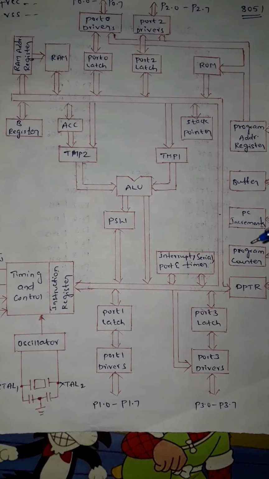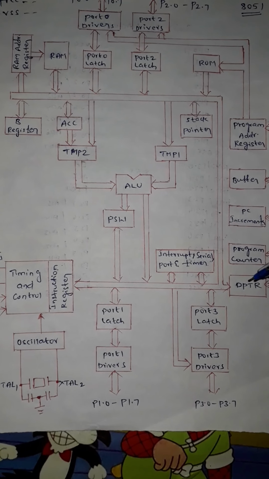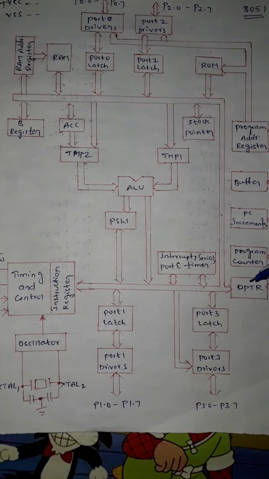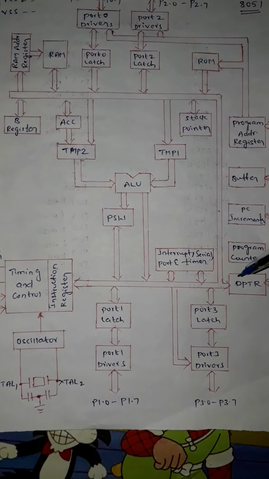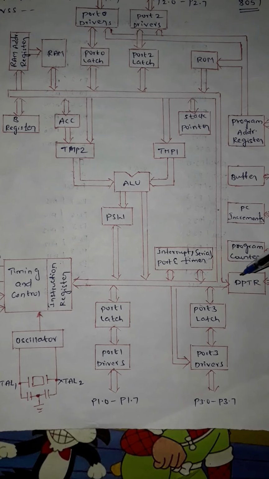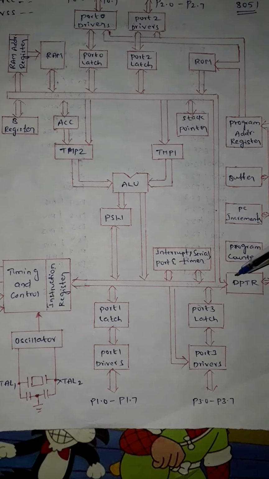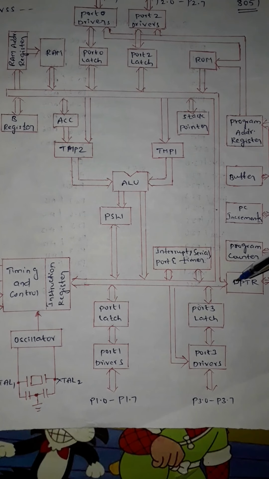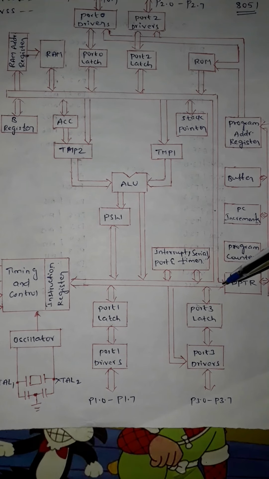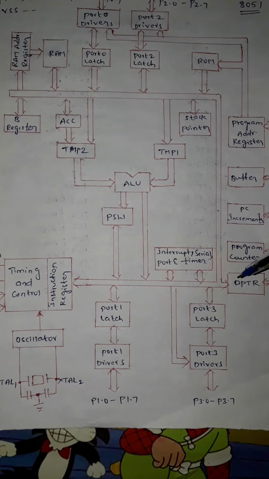We also have the DPTR, the data pointer, which is a 16-bit register. In this we also have two separate 8-bit registers, DPH and DPL. DPH is the data pointer higher register, and DPL is the data pointer lower register.